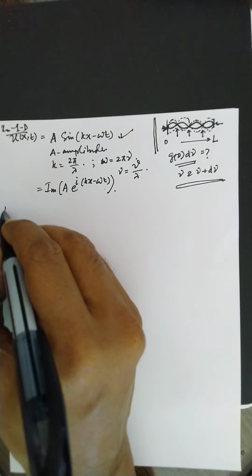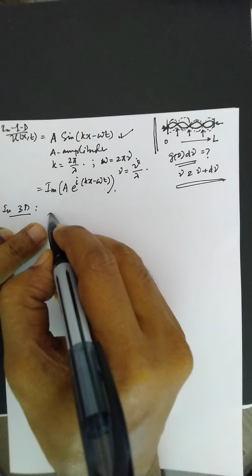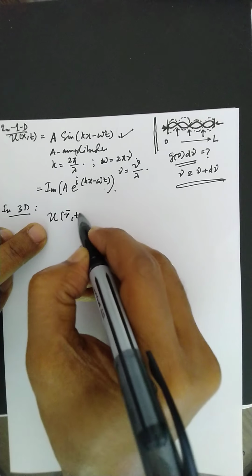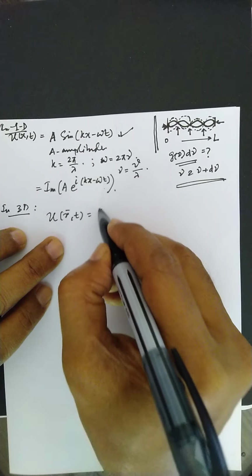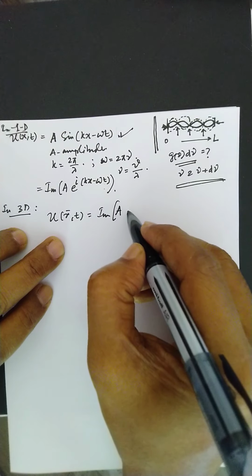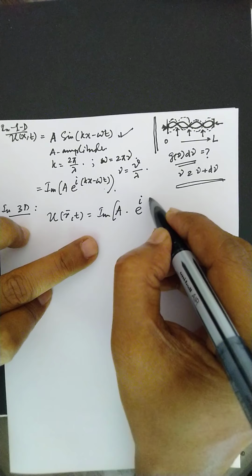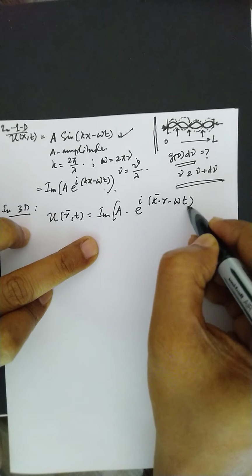Now in three dimensions this can be extended with r vector, the position vector, and t, and this is again the imaginary part of a e to the power i(k dot r minus omega t).